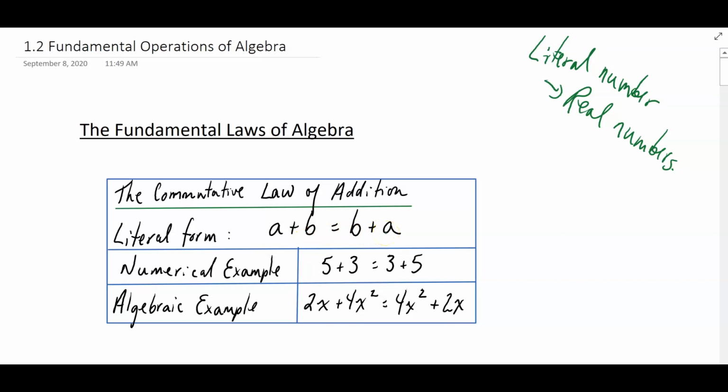That should make sense if you think about adding two real numbers, like 5 plus 3 equals 3 plus 5. It doesn't matter what order we add them in, they will still give the same result. It also works for algebraic expressions, and so we'll give an algebraic example for each of these laws as well. 2x plus 4x squared is equal to 4x squared plus 2x.